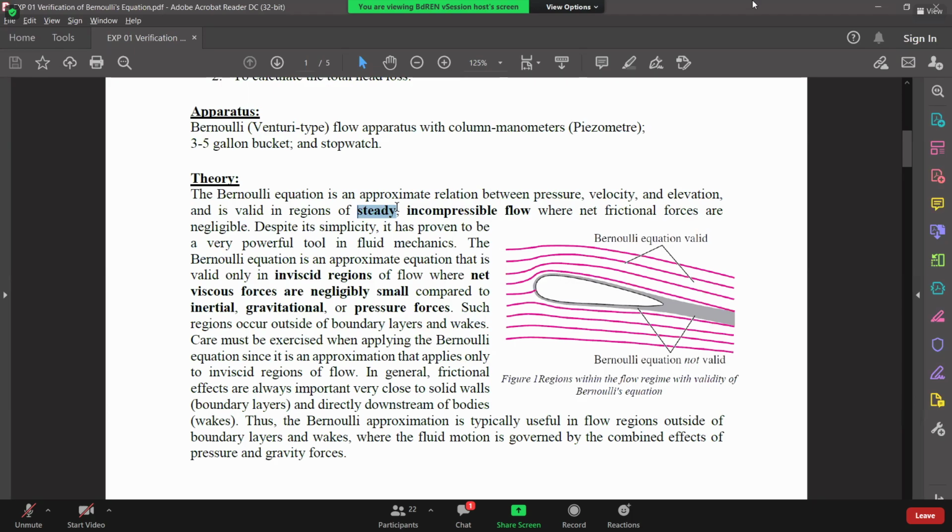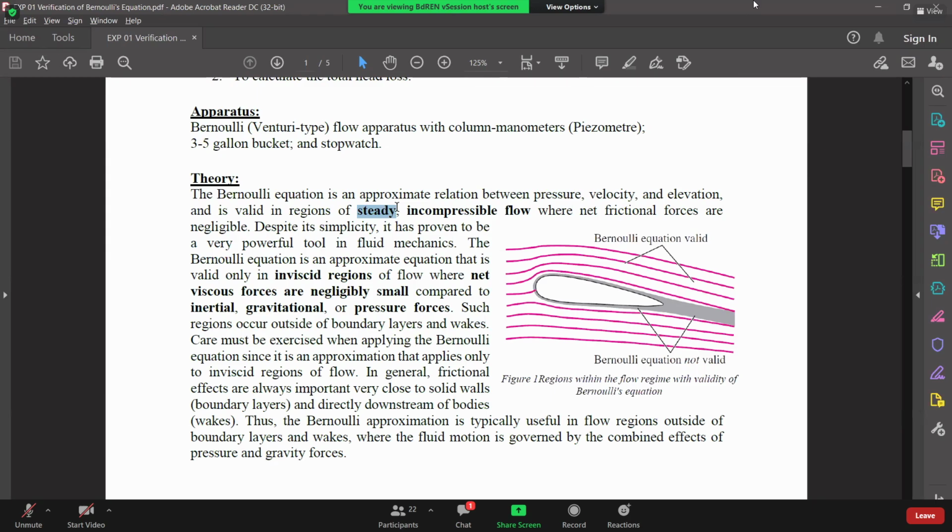Steady, what does steady mean? Steady means it's not changing with time, nothing is changing with time, right? Everything is happening as it happened before. Let's say in the last 1 minute the flow rate was 1 meter per second, it is still 1 meter per second.